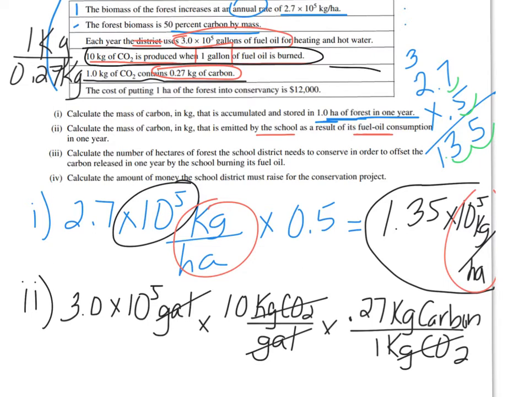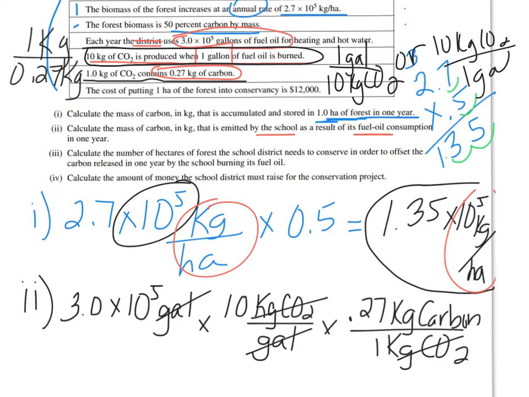So you could write it as 1 gallon per 10 kilograms CO2, or you could do 10 kilograms CO2 per each 1 gallon, and either way works. And I'm sorry, this is really messy writing here. So the way that we needed it was this way, right here.